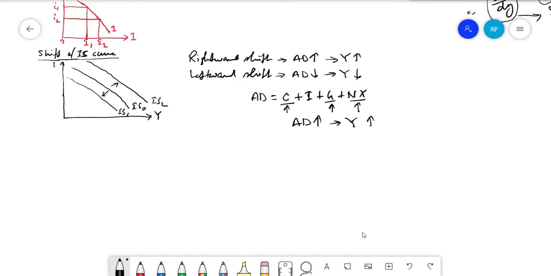And once your aggregate demand increases, then definitely Y will increase. Okay. So at the same level of IS curve, you take a normal IS curve.